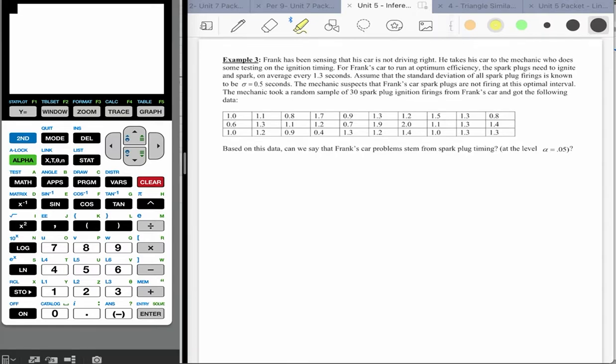All right, so that's a key ingredient there. When you know the population standard deviation, that makes it a z distribution. So since sigma is known, use a z distribution.